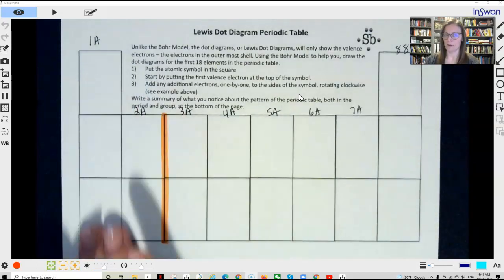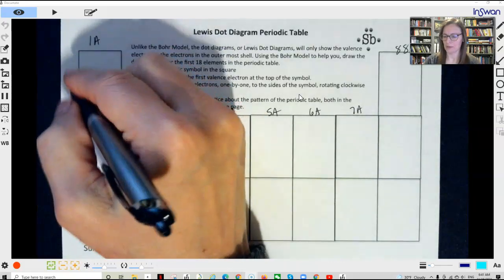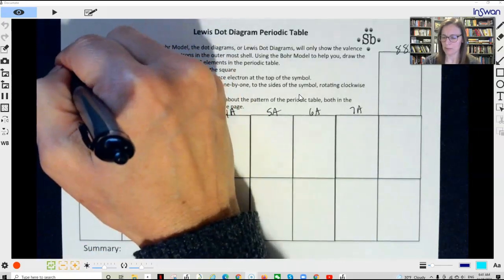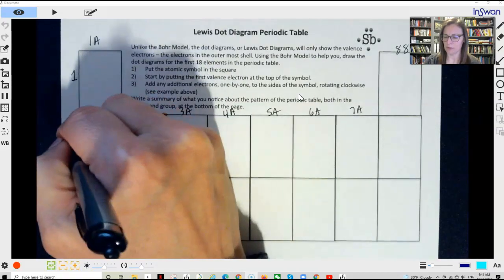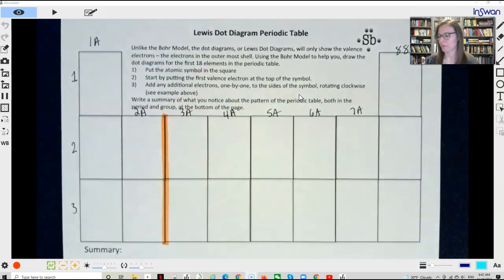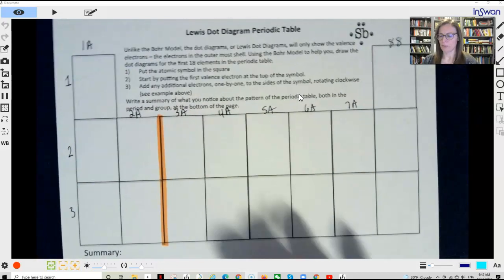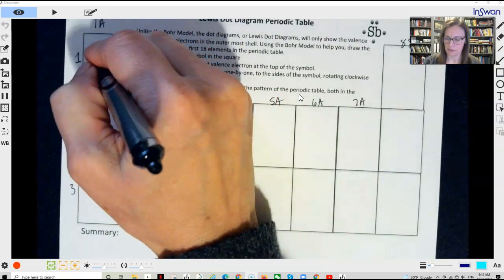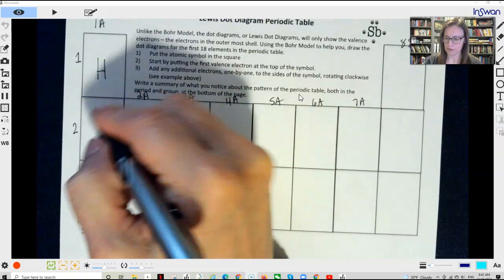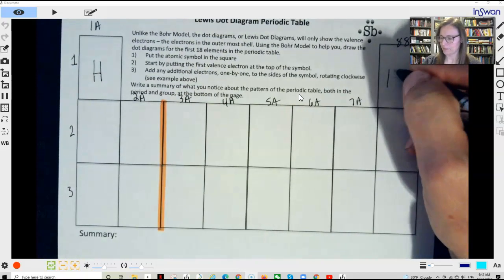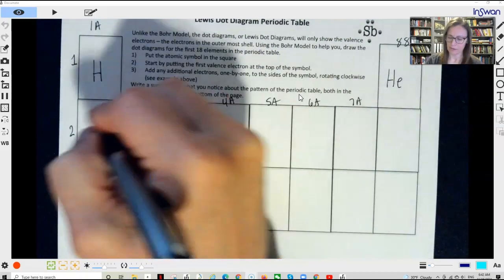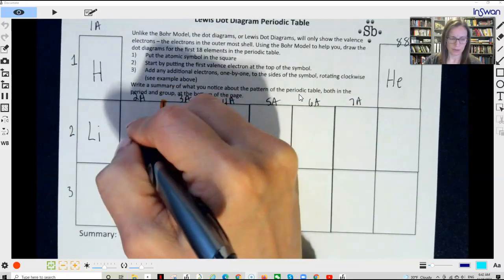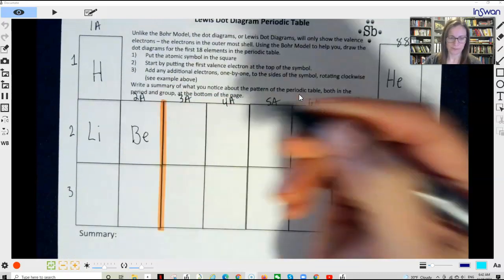I know your printouts came out so that you don't really have any room over here, but this is period 1, period 2, and period 3. Then we're going to write the element symbols for each of these in here. So this is hydrogen, this is helium, and we have lithium and beryllium.